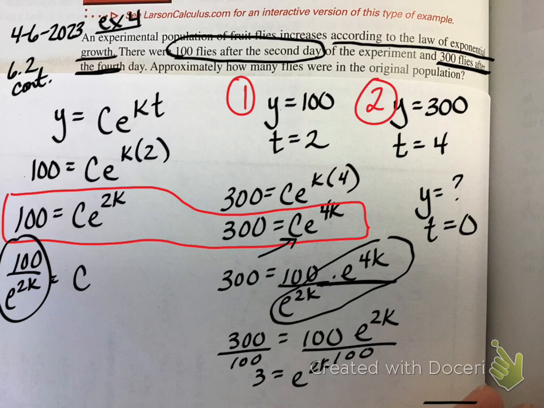Now k's trapped as an exponent, so log base e of 3 equals 2k. That's looking a little bit messy there. So divide that by 2 and we'll get k. So k is ln of 3 over 2.